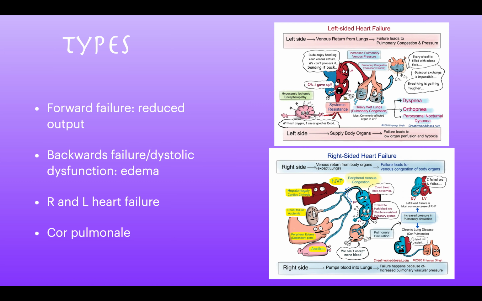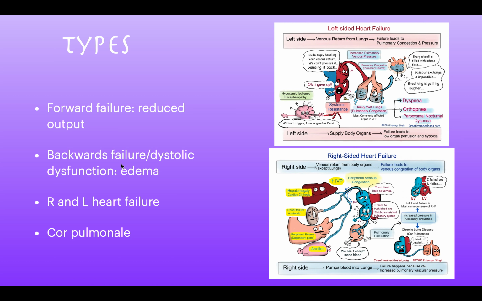The hypertension in the lung is going to have a backflow into the left-sided heart, and there's going to be pulmonary congestion, which manifests as pulmonary edema. The alveoli are filled with fluid, so symptoms are dyspnea, orthopnea, and paroxysmal nocturnal dyspnea. The failure of the left heart is very serious because there's low organ perfusion and hypoxia.